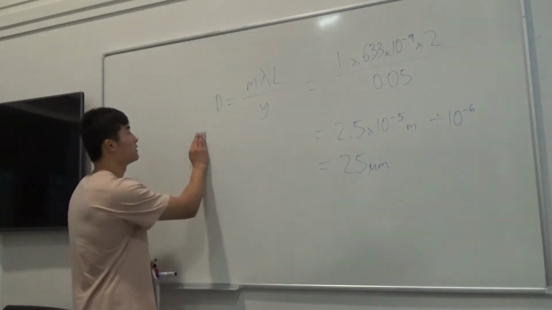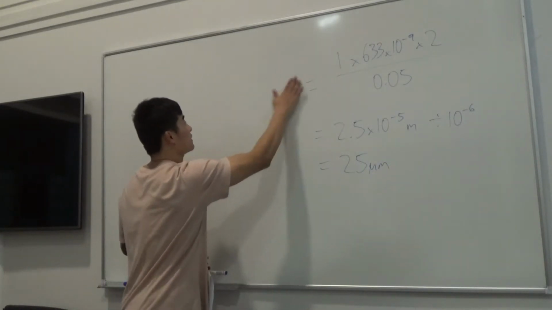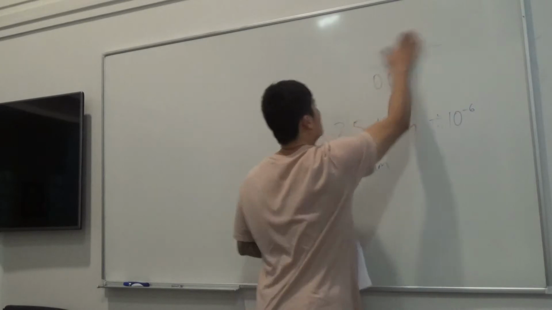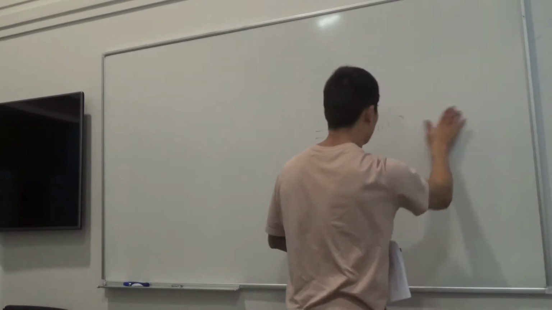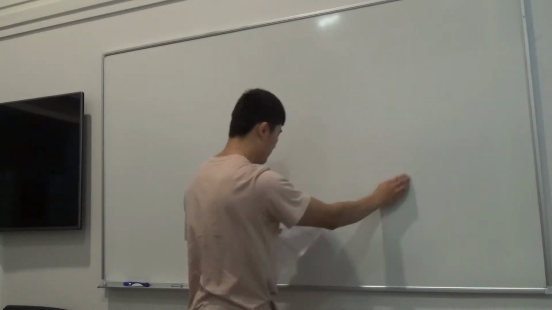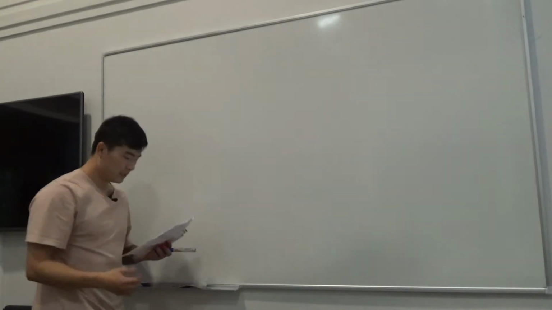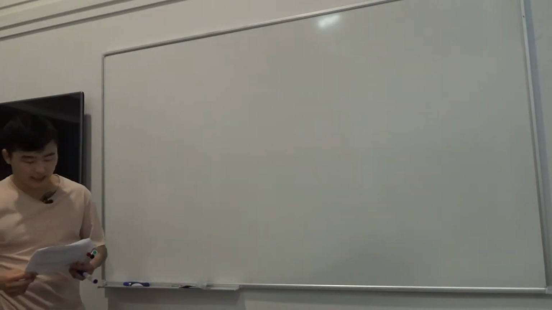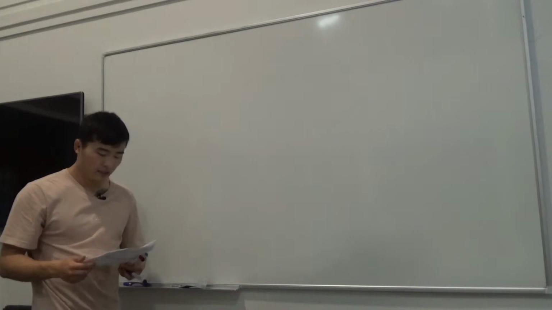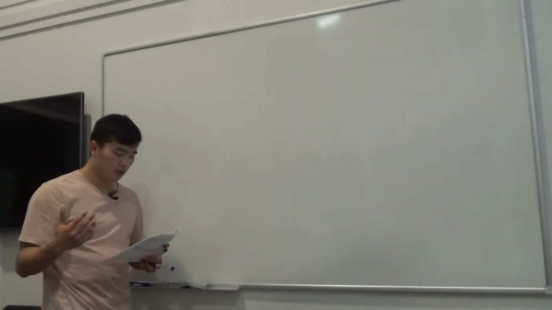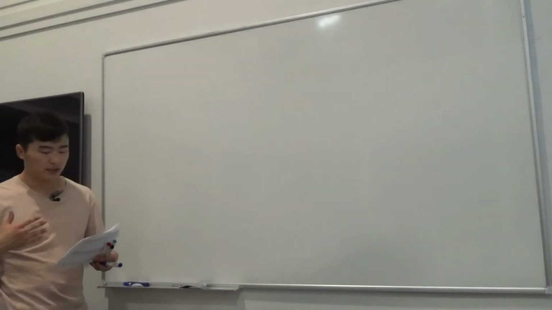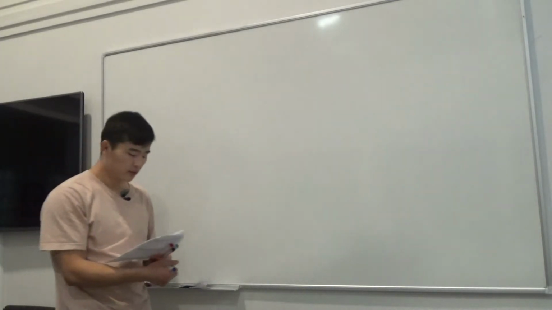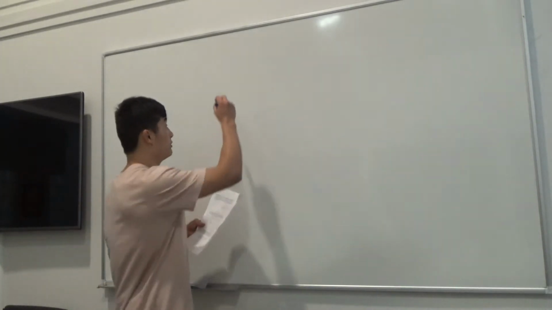Alright. So one more on single slit. This time we want to know the distance from the center to the second minimum, so m will be equal to 2.